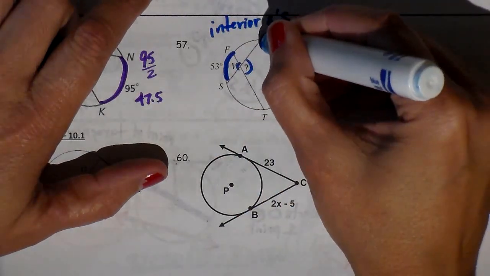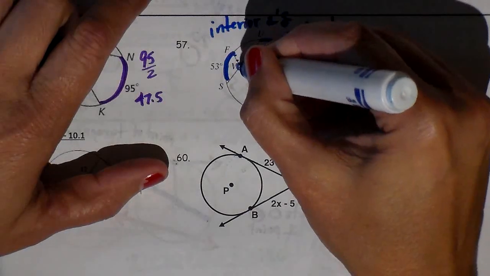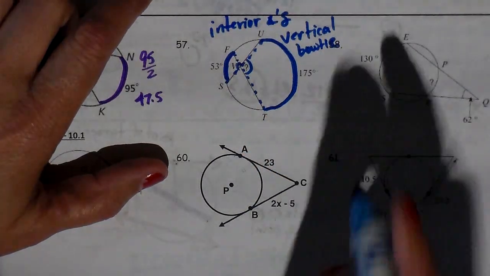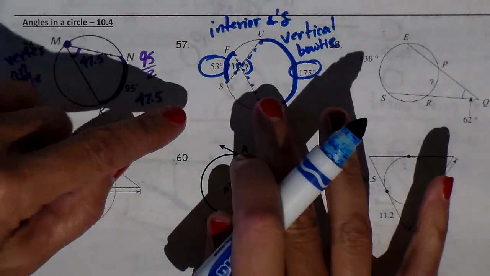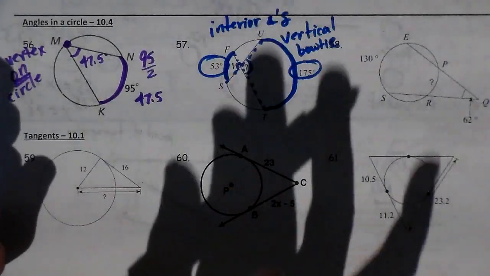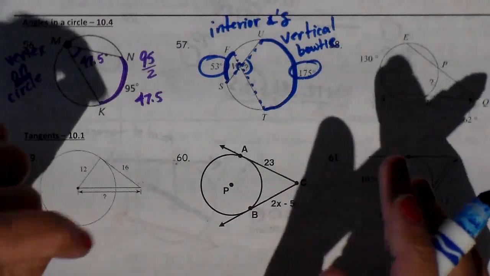This arc and this arc. And if you go across here and you use this line and this line, there's your bow tie. Okay? This arc is 175 and that's 53. Now the way you find the measures of the interior angles that are not in the center is you add and divide by 2.